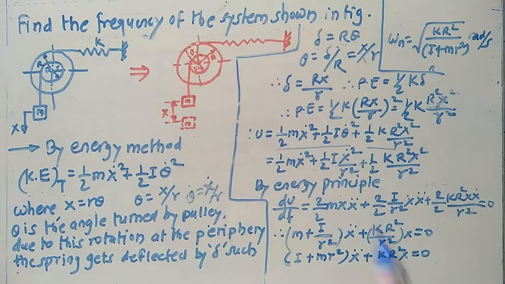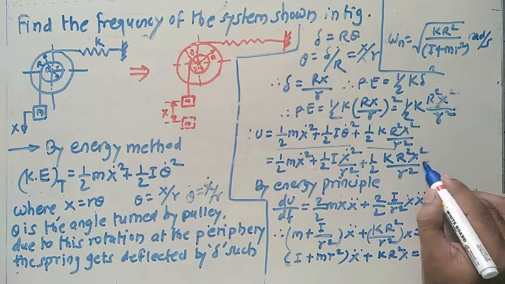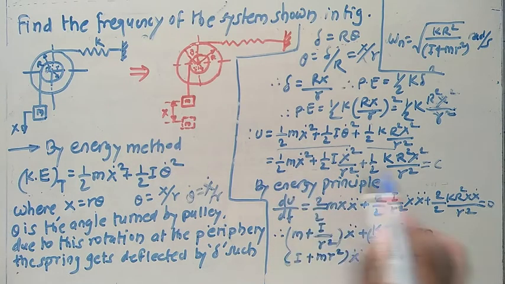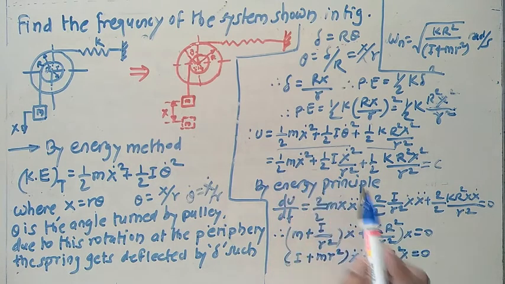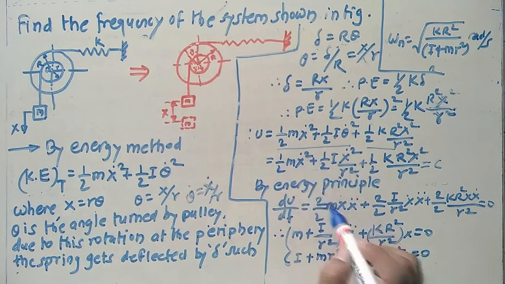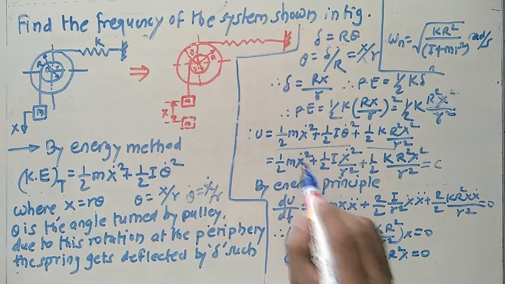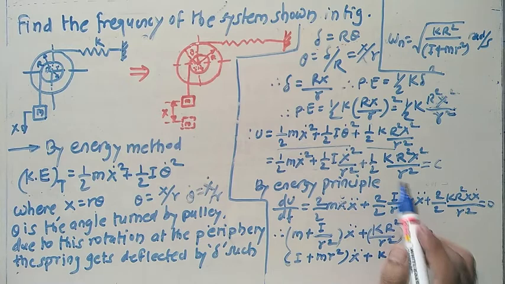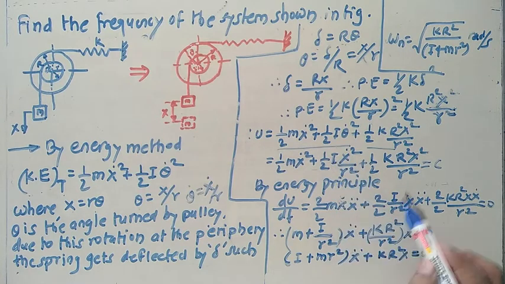Now by using the energy principle. So what about the energy principle? As per the energy principle, you have to differentiate this equation with respect to time t. For that, if we take the derivative of this term, the 2 will come here. So 2 by 2 into m into x dot will remain as it is, x double dot, plus the next step, 1 half, I term as it is, r square term as it is.